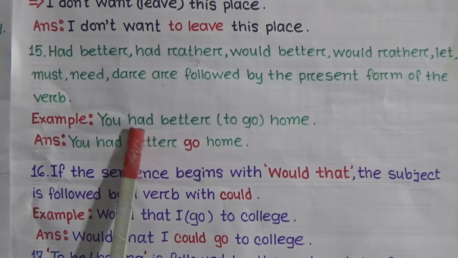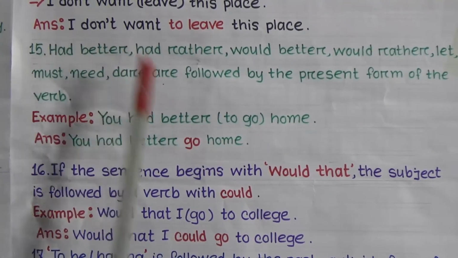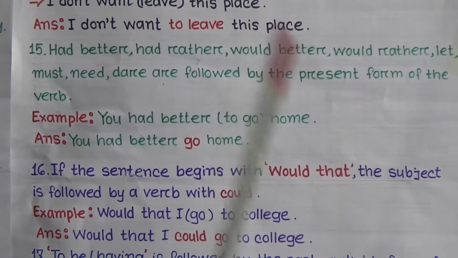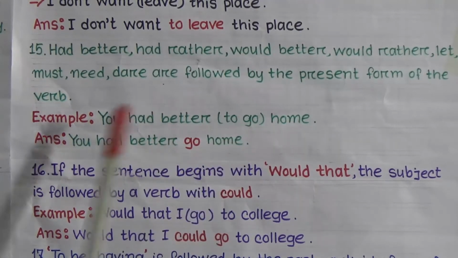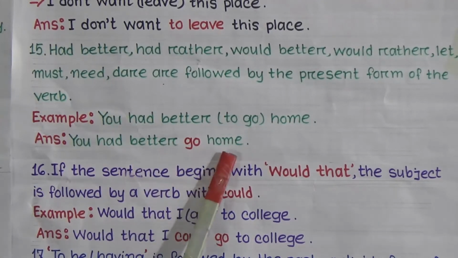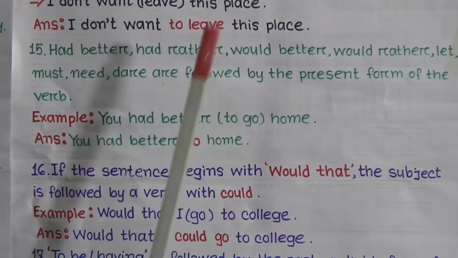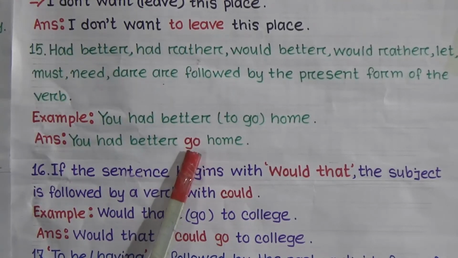Students, you can see we find the words had better from the rule. So after these words we have to use the present form of the verb. So go will be go, no change. We know go is the base form, so you had better go home. If we find had better, had rather, would rather, must, dare, with these words you have to use the base form of the verb.